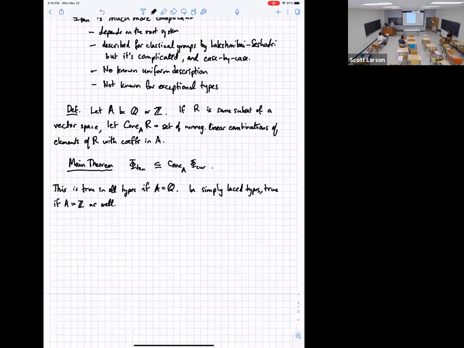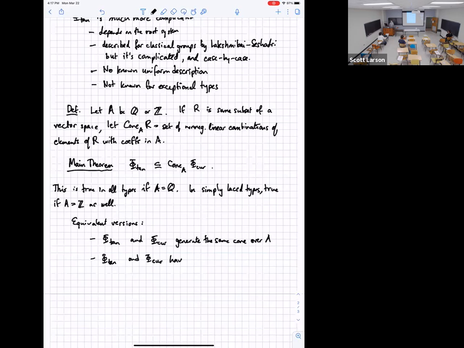So, and then just some equivalent versions of this. One equivalent version would be to say that the tangent space and the curve space generate the same cone over A. Or another way of stating this is that the sets phi tangent and phi curve have the same set of indecomposable elements.